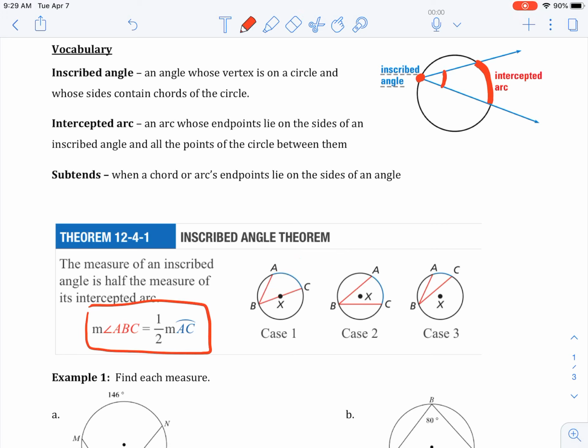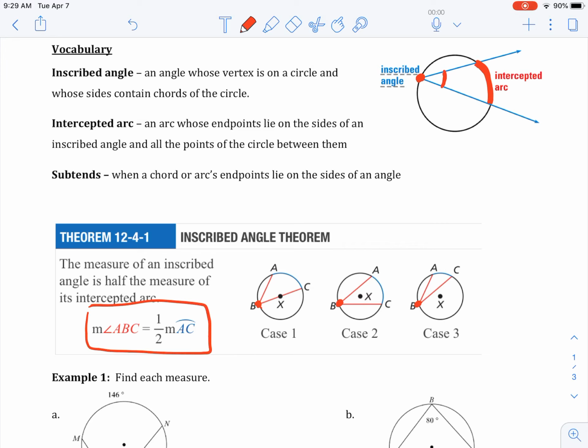So in this box, it says your angle in these pictures, and they drew the angle a couple of different ways. There's really nothing terribly different about them. What I want you to focus on in each of these cases is that the vertex B is on the edge of the circle. The reason they drew 3 different cases is sometimes one of the sides of the angle could go right through the center, which means it would be the diameter.